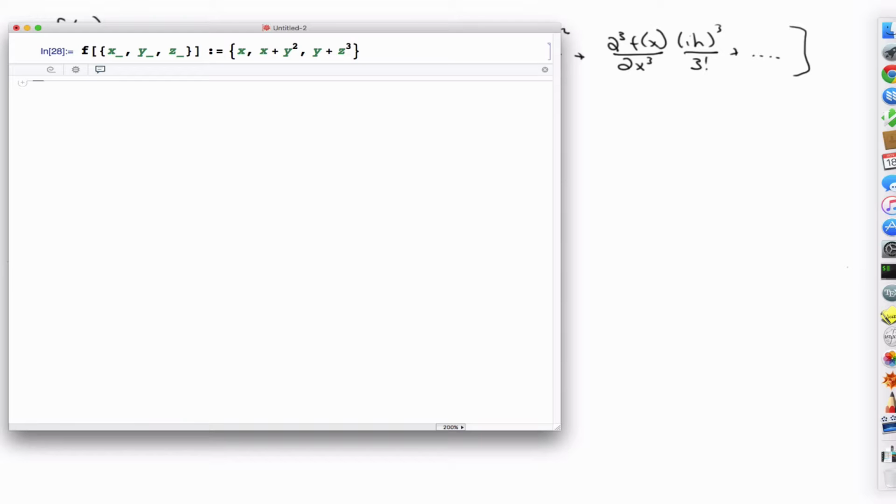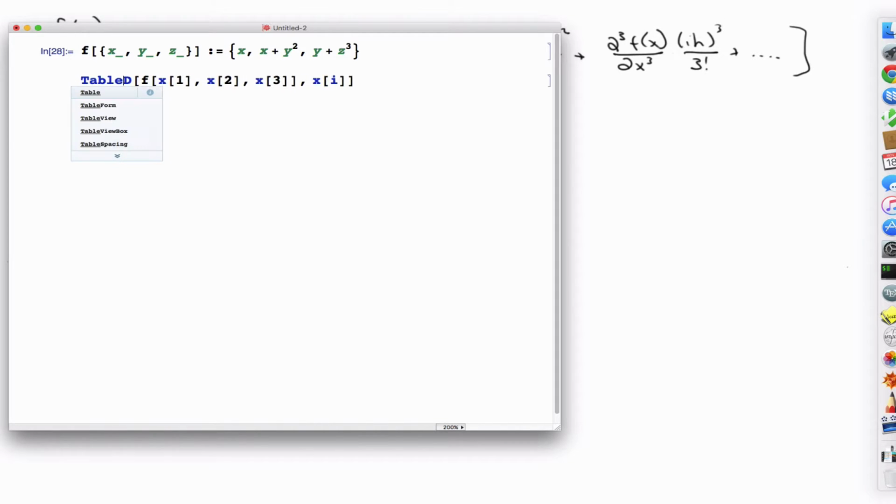Since this is mathematical, we can do that in closed form. We're going to create a table where f is a function of x1, x2, x3. Those are the inputs to our vector. Then we're going to take the derivative with respect to xi and stick that in a table where i goes from 1 to 3.